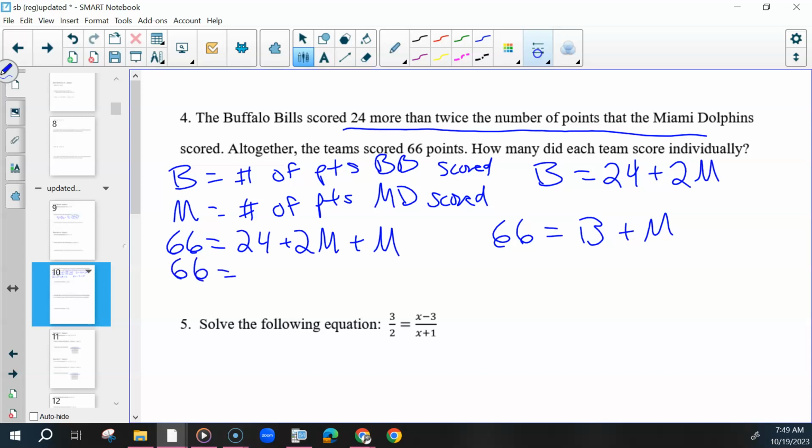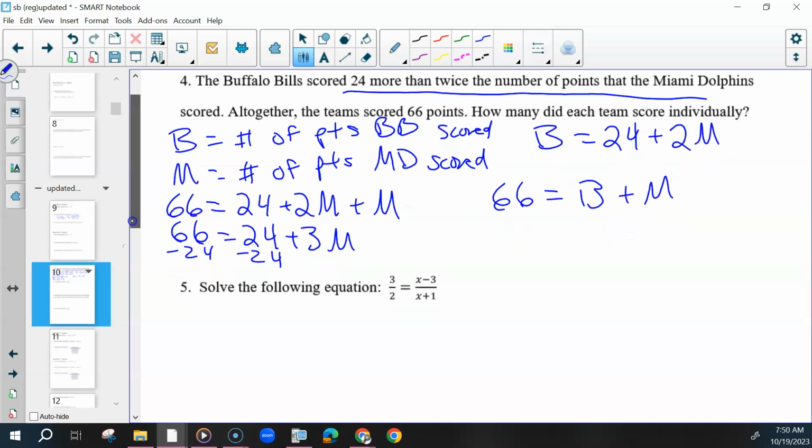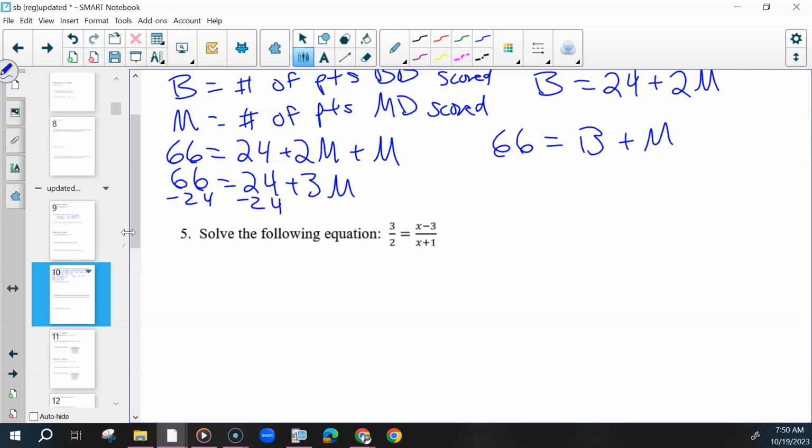So 66 equals 24 plus 3M. Get rid of 24. 42 equals 3M, and then divide. What would be M?